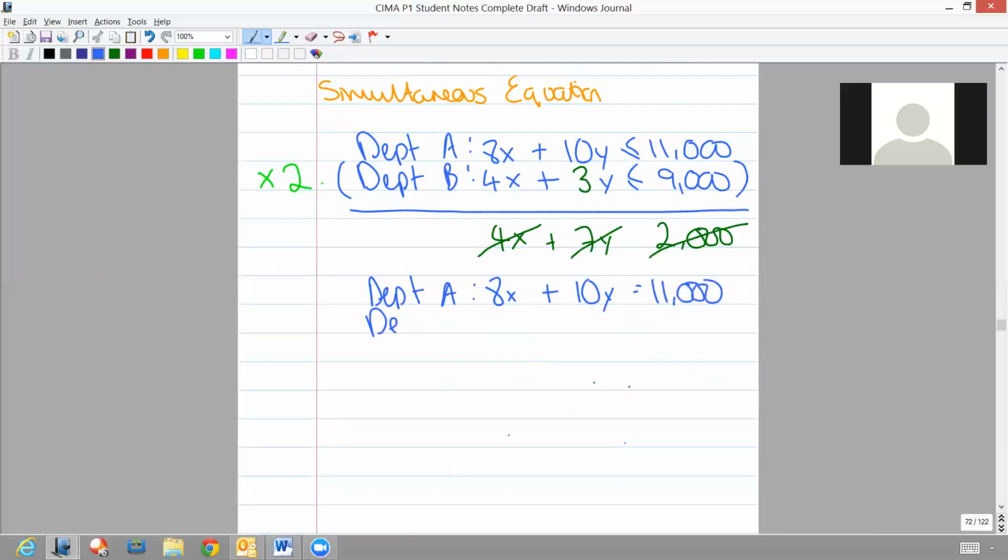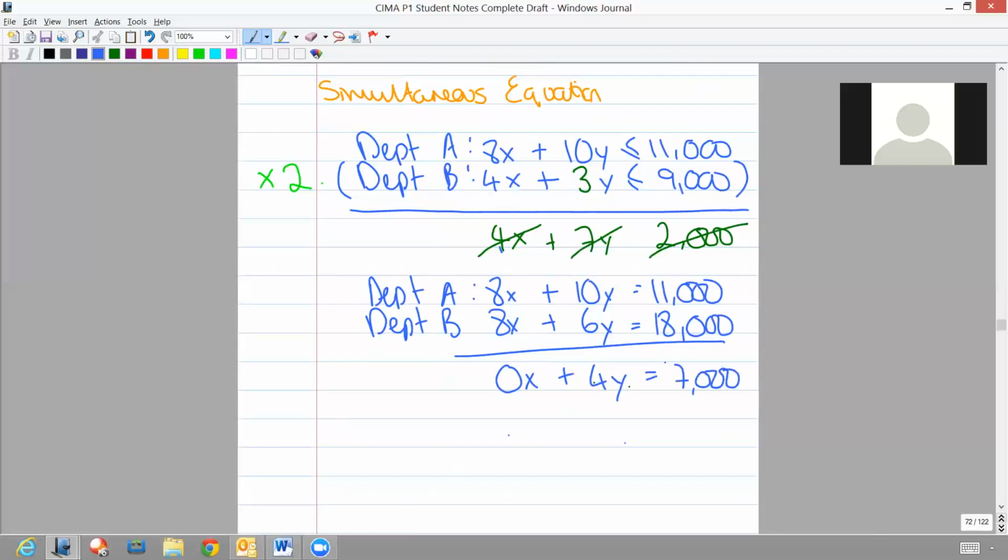But department B would then end up at 8x plus 6y equals 18,000. Therefore, you now have a 0x, a 4y and 7,000. So you can see that we have forced a 0.